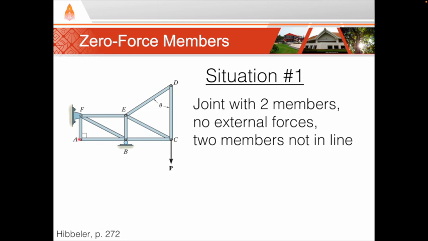Can you find another joint with zero force members? If you said joint D, you're right. Joint D has 2 members. They are not in line with each other, and there are no external forces applied at the joint.